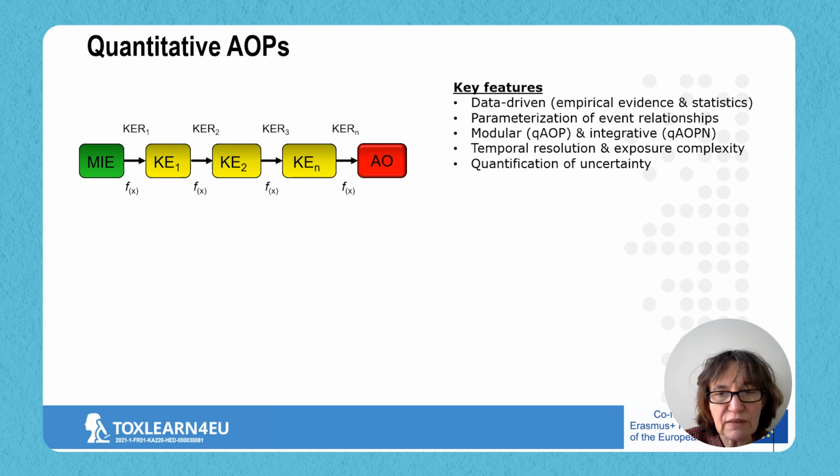For a quantitative AOP, you will quantify additionally to what you already have. You will look at the uncertainty, and you will try to quantify the functional relationship between the different key events in your adverse outcome pathway.